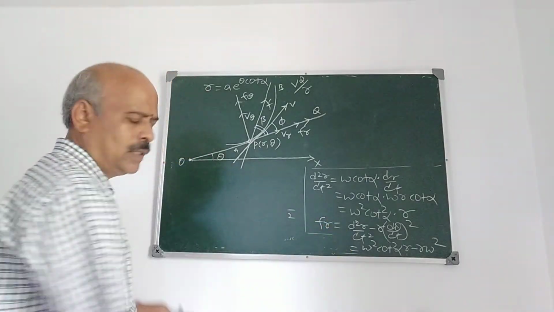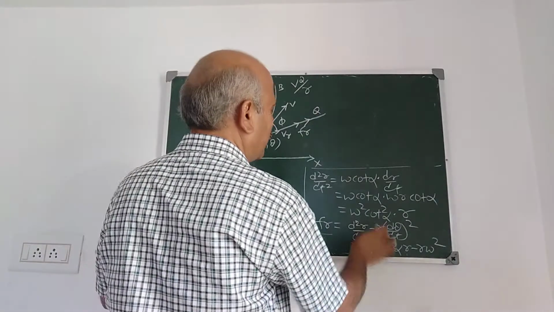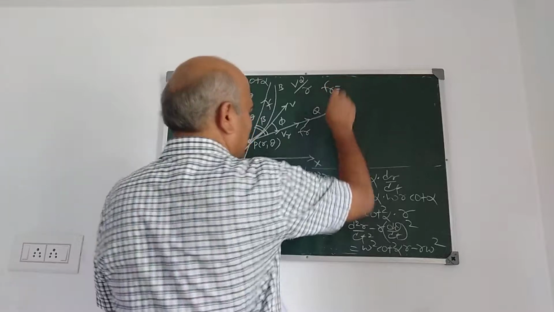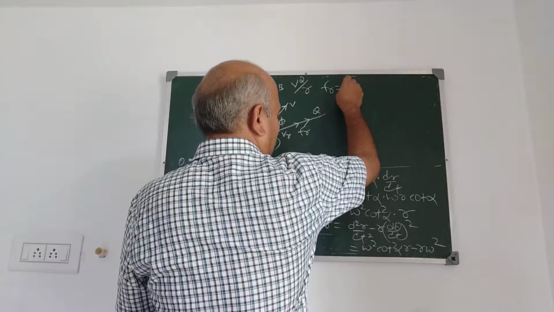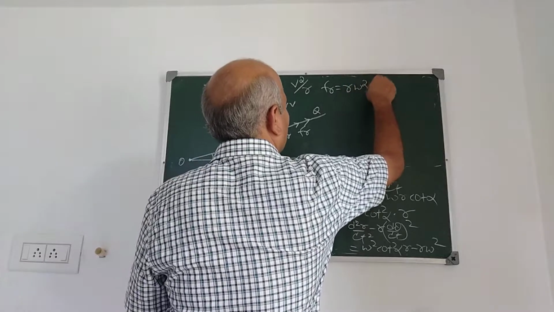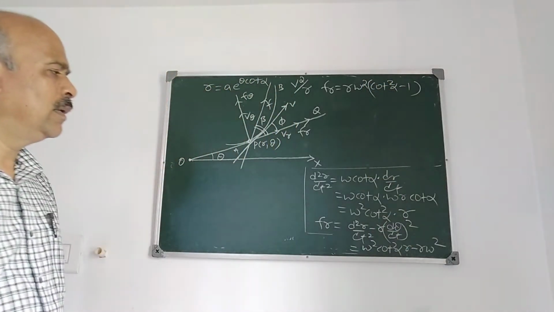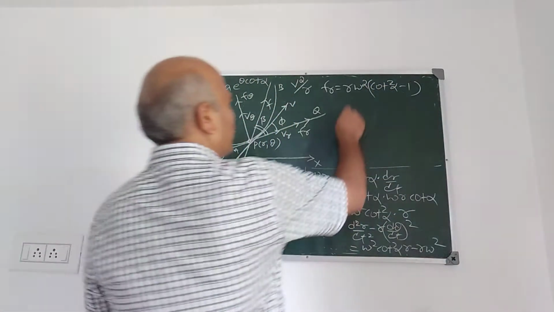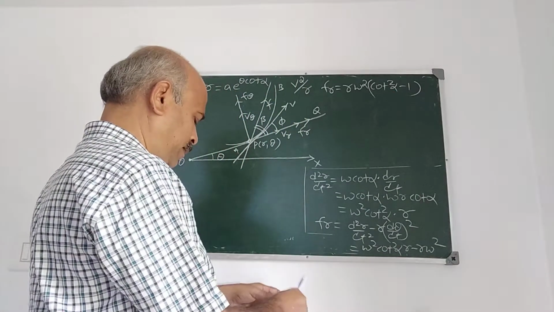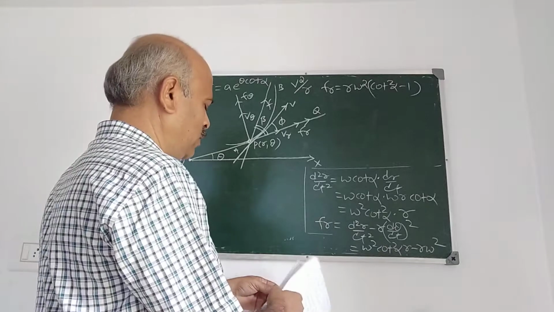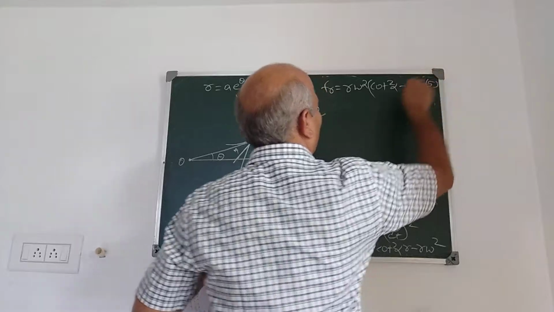So this is radial acceleration. We simplify this: we can take r omega square common. Fr is r omega square into cot square alpha minus 1. Correct? Take this as your next number. Is it 5? Yes, it is 5. This is Fr.